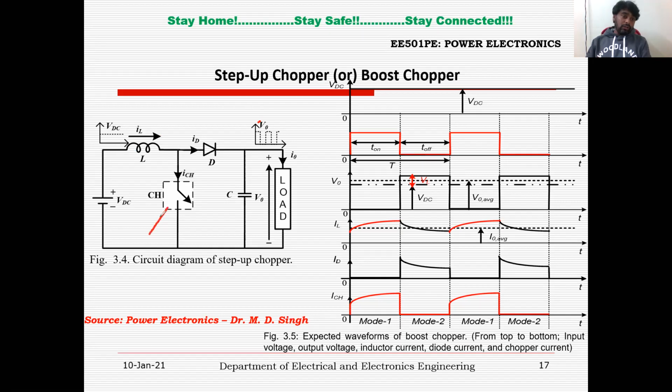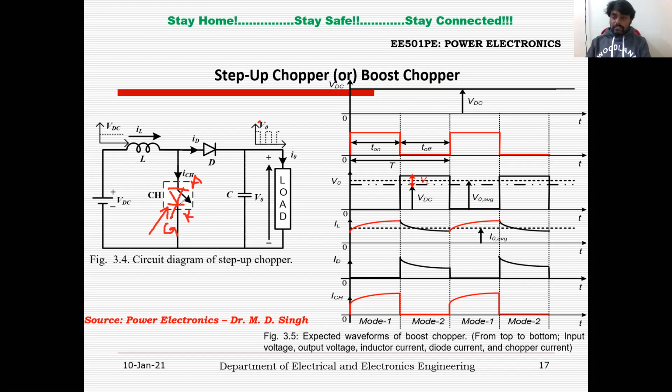I have always been telling you that the chopper is represented with a dotted rectangular box. Why? Because inside this chopper we will have the main SCR, with an anode terminal, a cathode terminal, and a gate terminal.